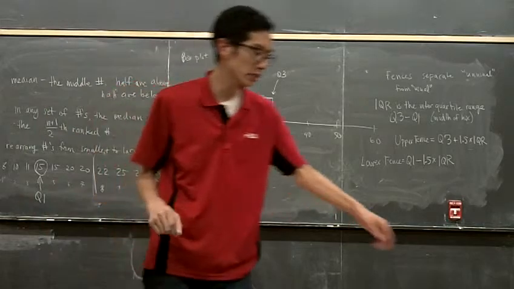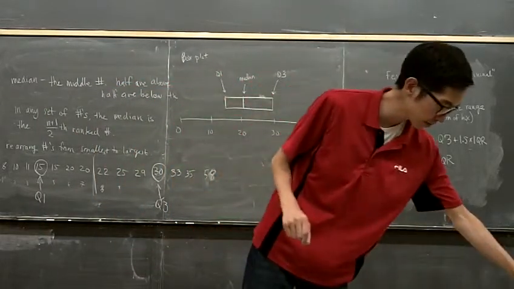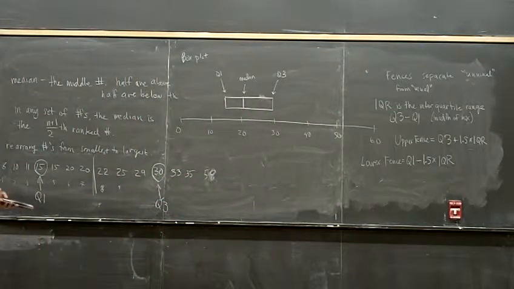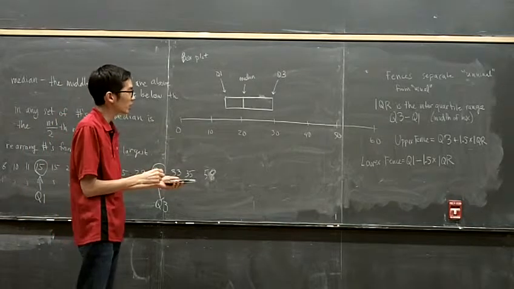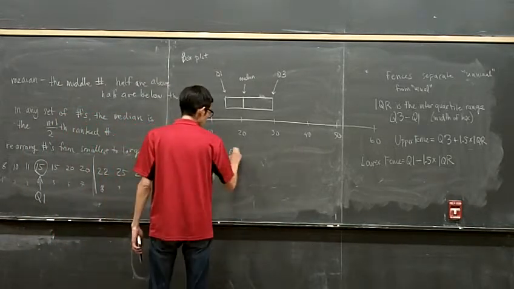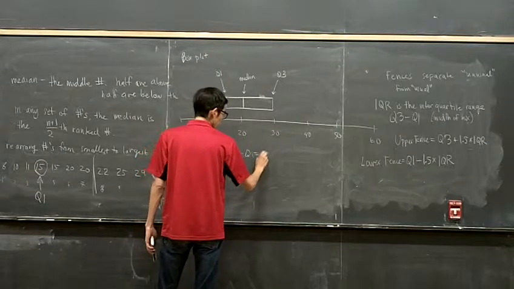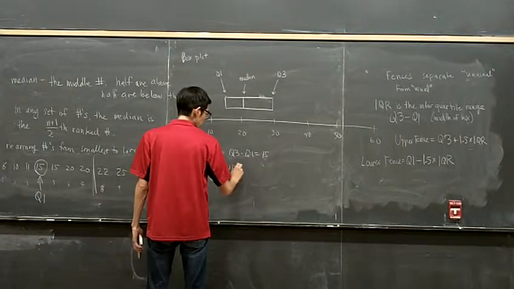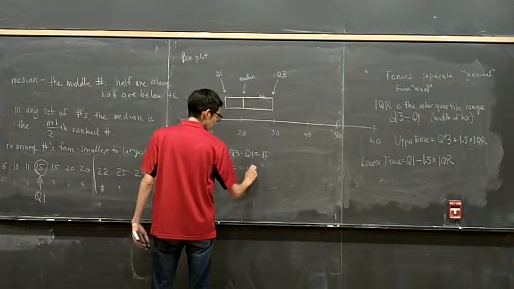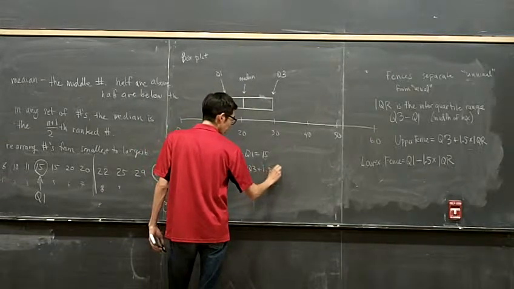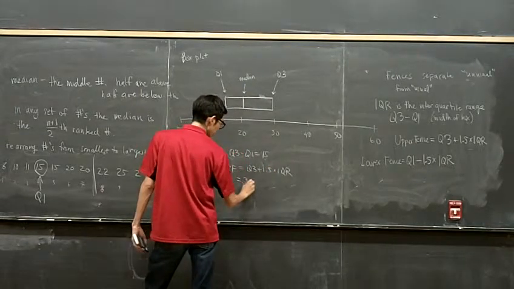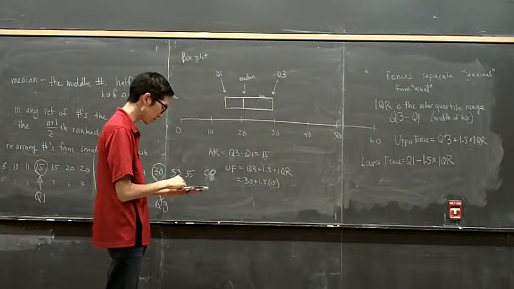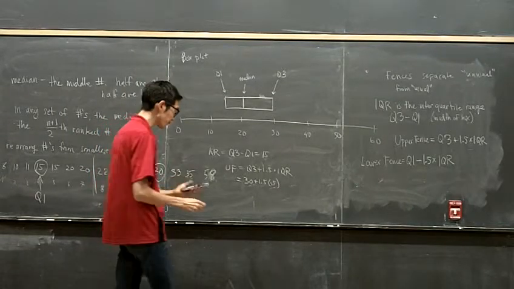So where is my upper fence and lower fence? 30 is Q3, and my IQR in this case is 15, right? Q3 minus Q1 gives me 15 as my IQR. So my upper fence is Q3 plus 1.5 times the IQR. I get 30 plus 1.5 times 15, which is 22.5 plus 30. So my upper fence is 52.5.